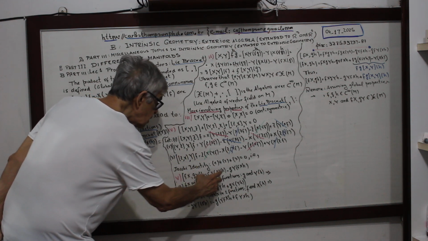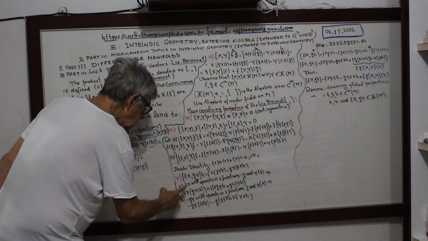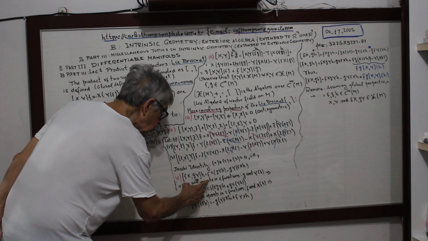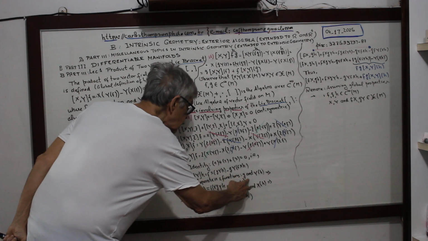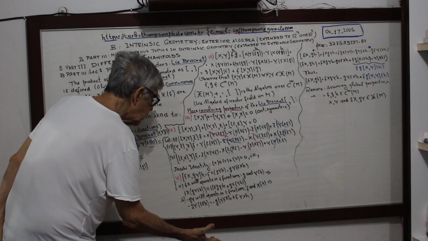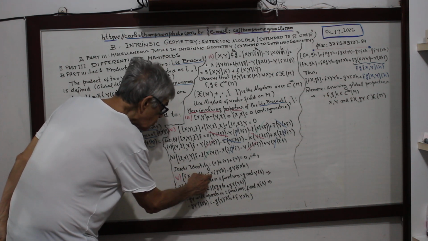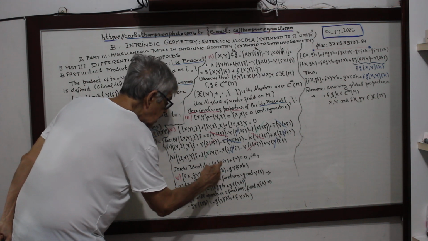I separate this term, I call A and B. Now, f of x will in this case operate on two functions, g and y of h. You just look and see it. How easy. You see, f of x operates on two functions, g and y of h.